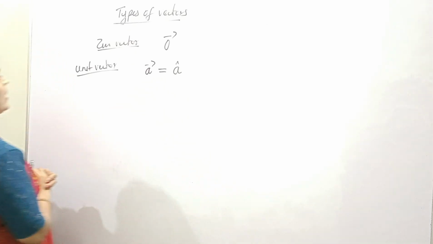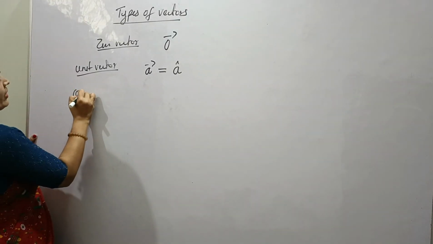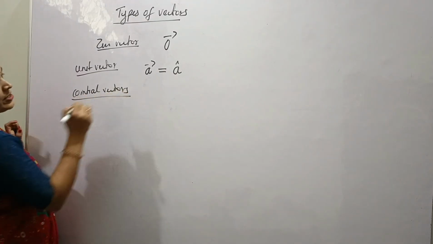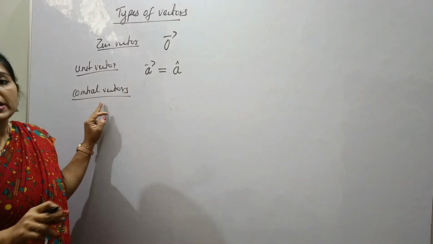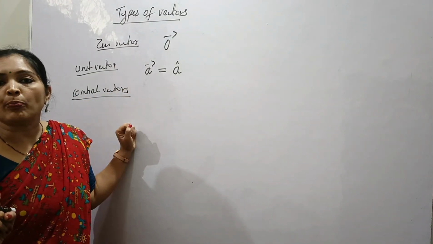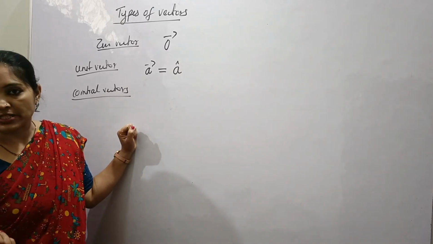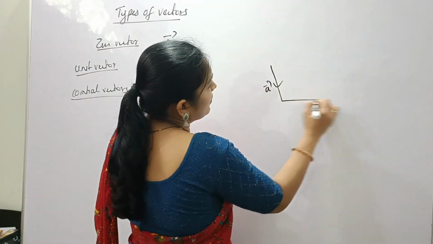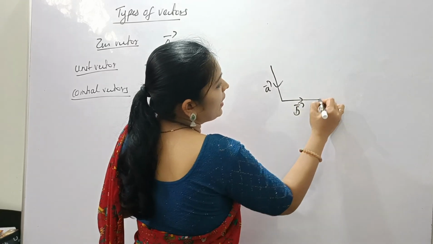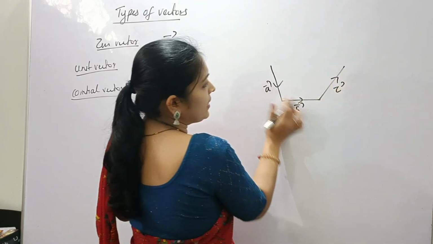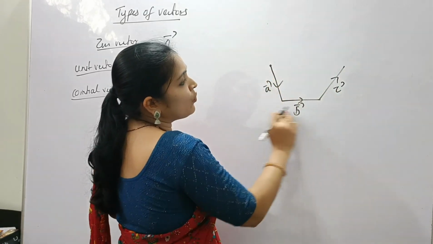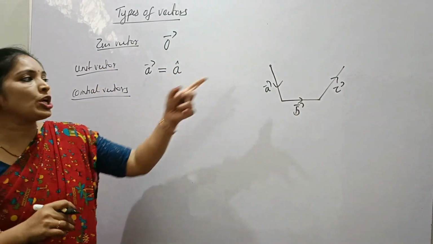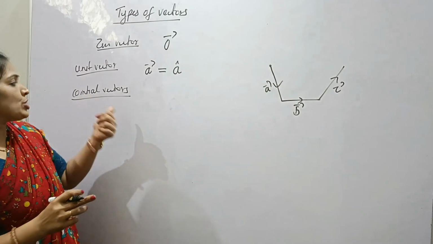Next is co-initial vectors. Vectors having the same initial point are called co-initial vectors. Here it is vector A, vector B, vector C, and the initial point is the same for these three vectors.